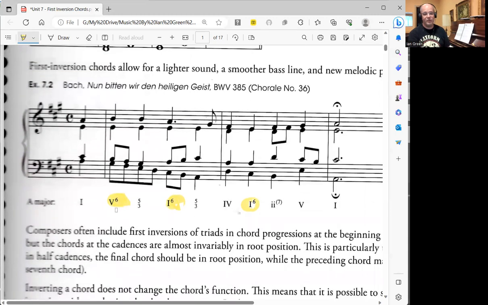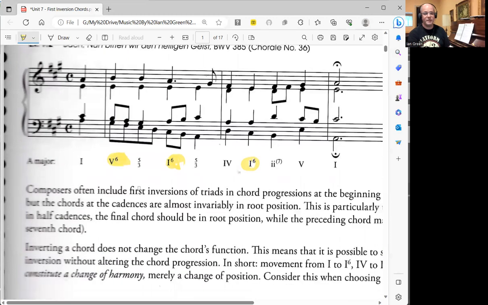Traditionally as well, if we see the same chord occur again with an inversion going to the root position, like in this case, then we would call the other inversion where we go to the root position 5/3.